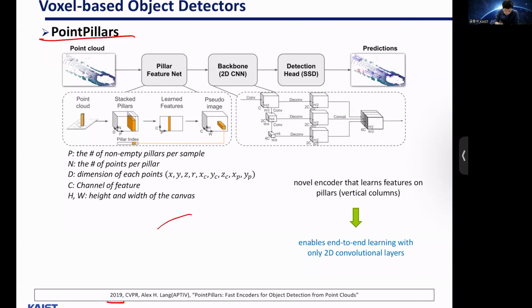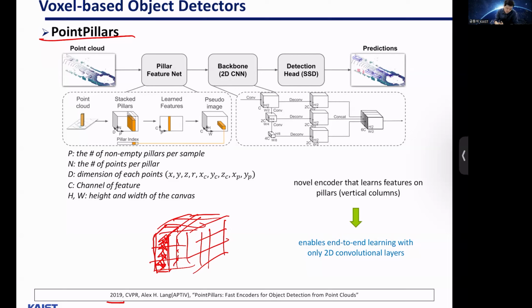So rather than having these voxels, if they aggregate in the Z direction, they're going to have this pillar.